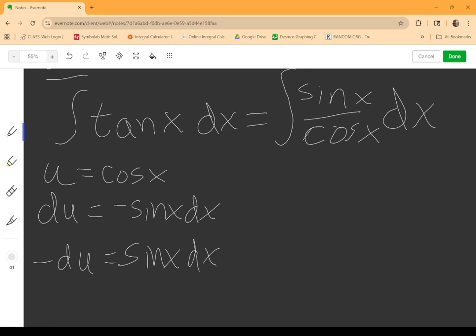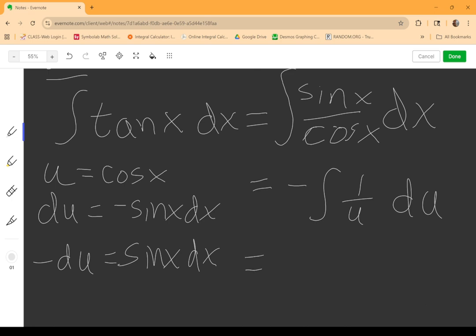Okay, all right, and now plugging that in, I have negative the integral of 1 over u du. And now it's a new basic form. That one is the natural log.